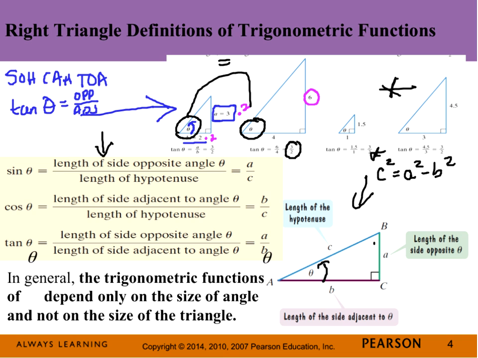So we have opposite over hypotenuse for sine, so A over C, adjacent over hypotenuse for cosine, and then of course the tangent we've already looked at in depth as well. So in general, the trigonometric functions of theta depend only on the size of the angle, once again, the angle theta, and not the size of the triangle.